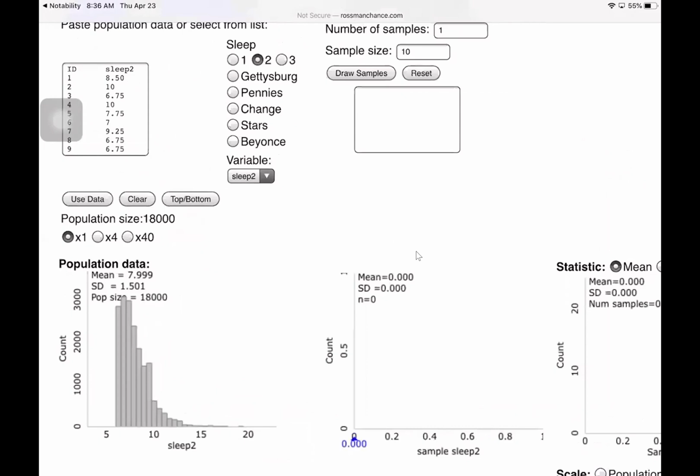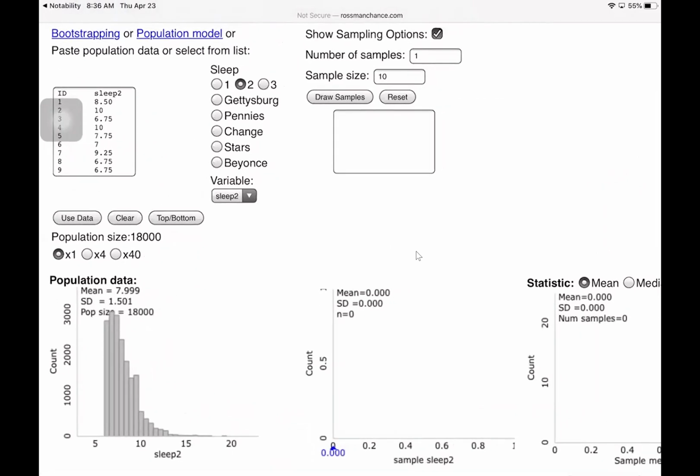For this one, how many people do we want to randomly select? Do we want to randomly select like 1, 2, 3, 20, 100? How many people do you want to get? Let's see the chat. 1. Well, let's get something bigger than 1.